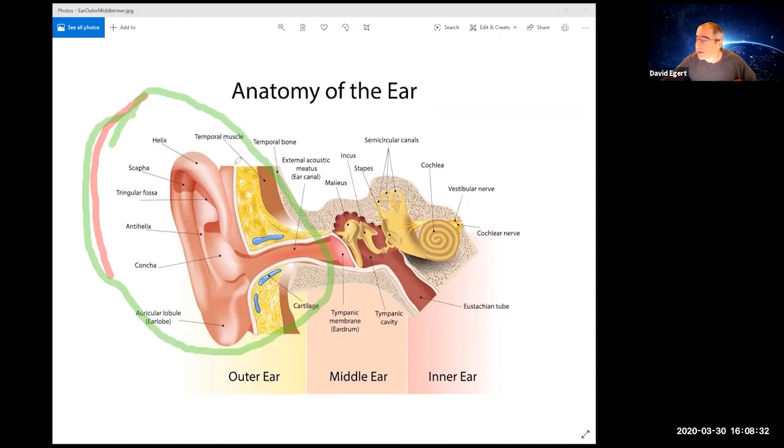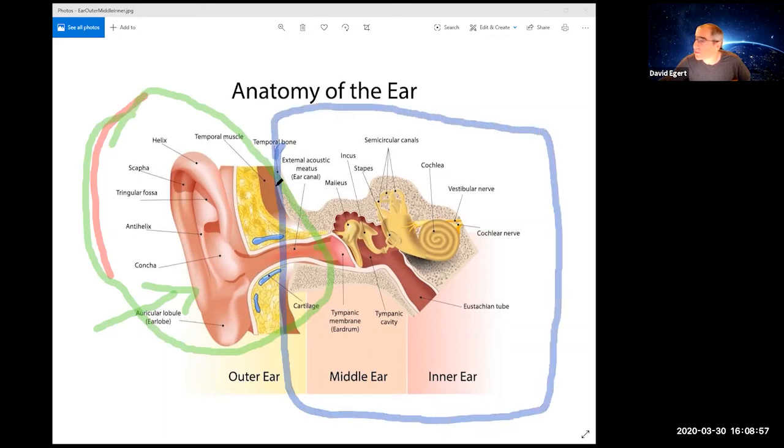For us, we'll just think of it kind of like a little funnel to bring the sound in. And we're not going to look at the external ear beyond that. Then the ear canal is heading on, and everything else that we're going to look at is all inside the temporal bone of your skull.